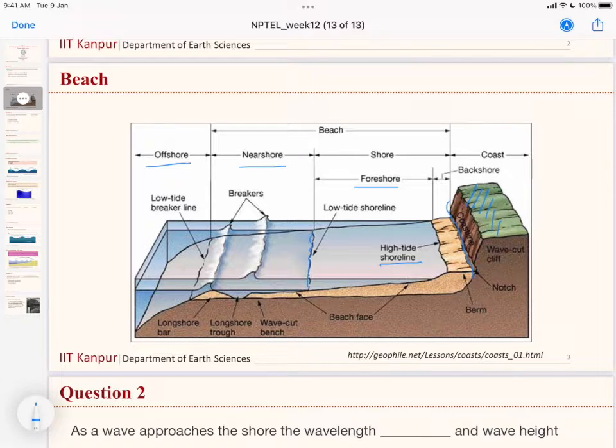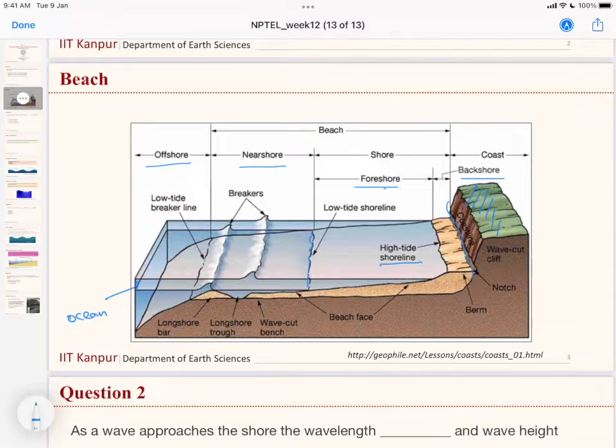If we continue our path towards the left direction, we get the offshore. So the sequence starting from the coast is: first we encounter backshore, then foreshore, then the nearshore, and the last one is the offshore, or the deepest part.